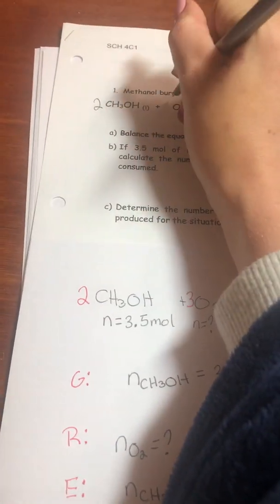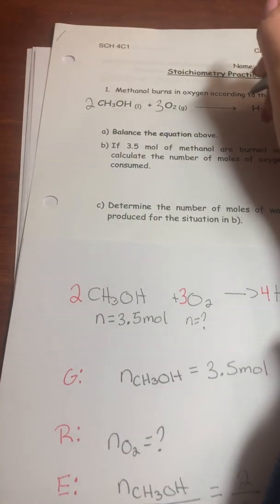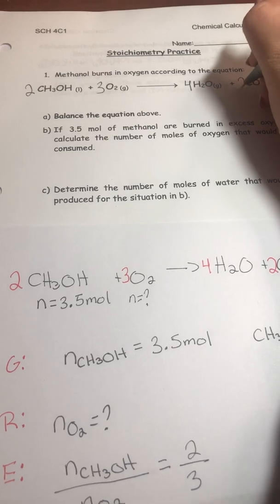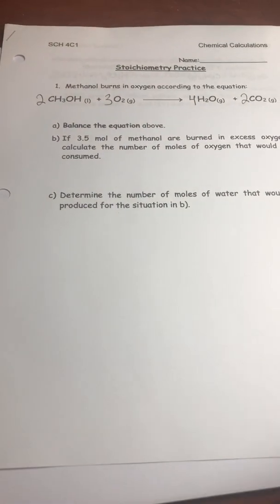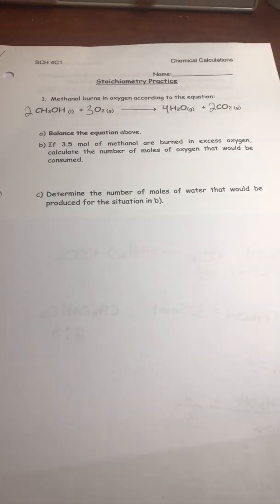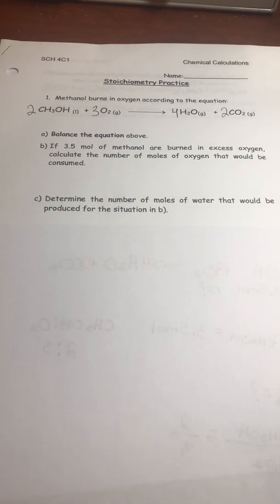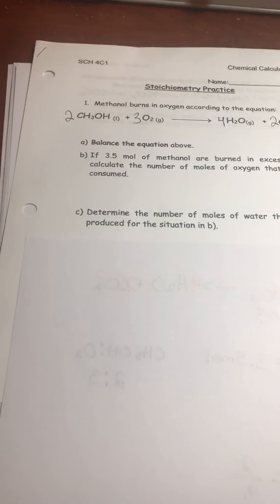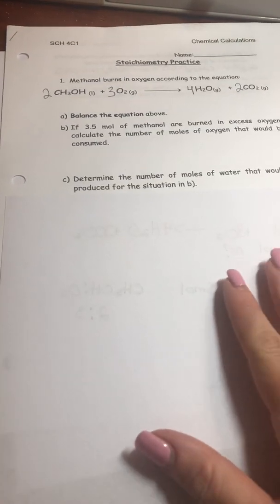I'm going to put the numbers up on this one. Okay, so determine the number of moles of water that would be produced for the situation B. So we're doing the exact same thing, but this time, instead of finding the moles of oxygen, we're going to be finding the moles of water. So I'll write out the equation again.